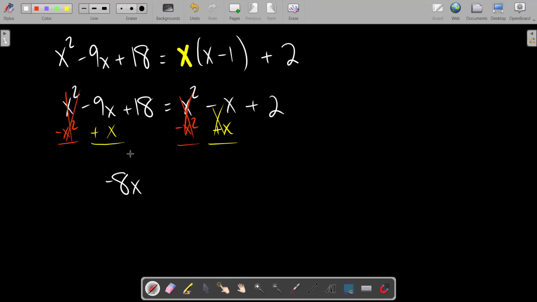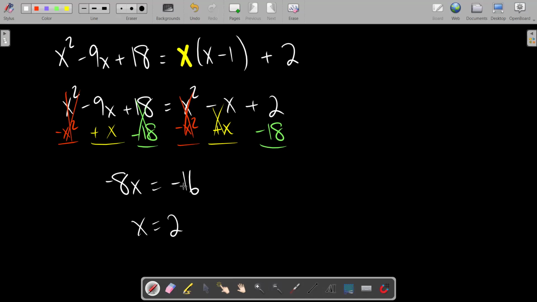And by nature, this isn't up to us anymore now. Who has to now move? The 18, right? The x, you kind of had a little freedom of choice there. But once you commit to x's go to the west, constants must go to the east, right? With linears, we don't want everything on one side. So we separate. We wind up with negative 8x equals what's 2 minus 18? And we get x equals 2.